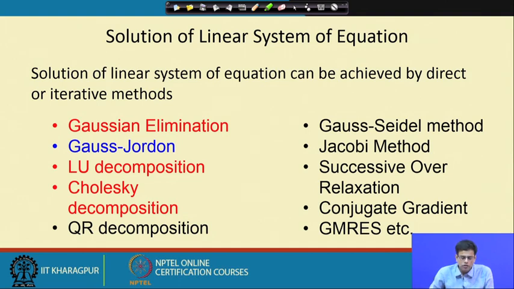These methods are very suitable for large-scale systems. They are not required in this course, but it is important to know what kinds of iterative methods there are. For instance, the Gauss-Seidel method, the Jacobi method, SOR or successive over-relaxation, conjugate gradient, and several other types of methods, like the minimum residual method, GMRES, the generalized minimum residual method, and others.